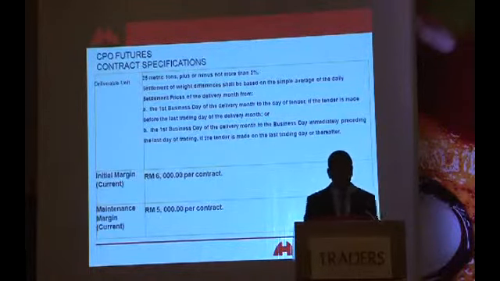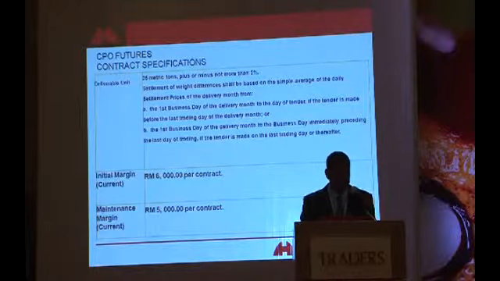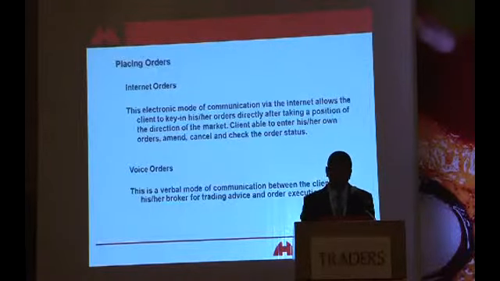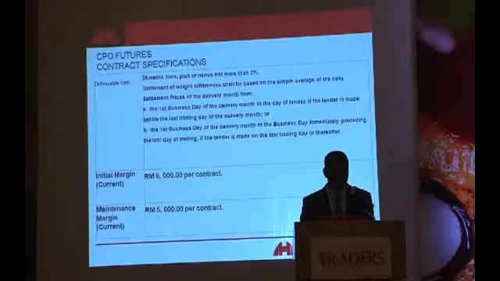Okay, current initial margin is 6,000 per contract. As I said, this is a good faith deposit. If you are buying one contract, you need to have a minimum of 6,000 ringgit in your account.